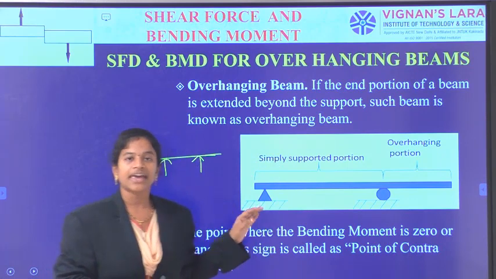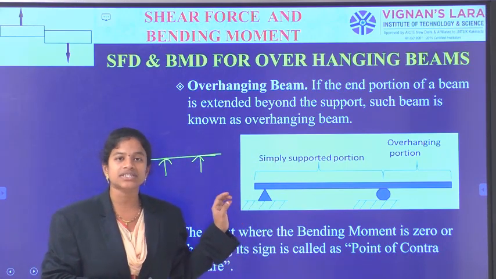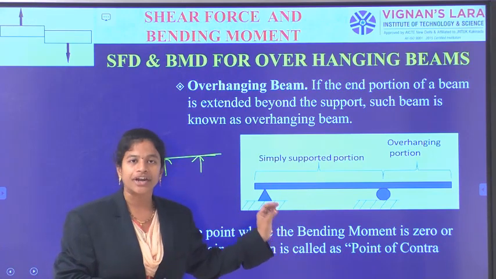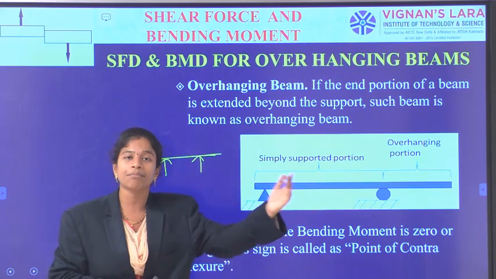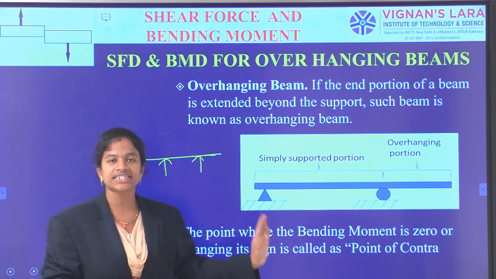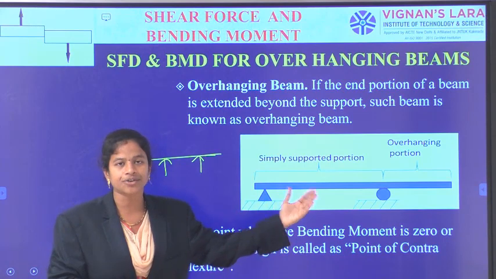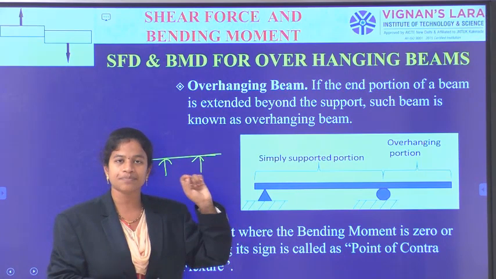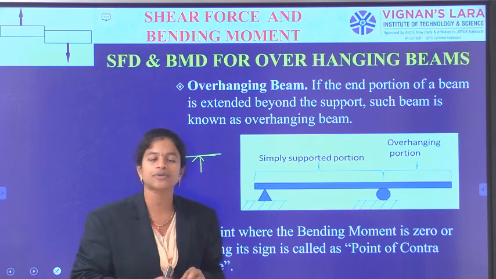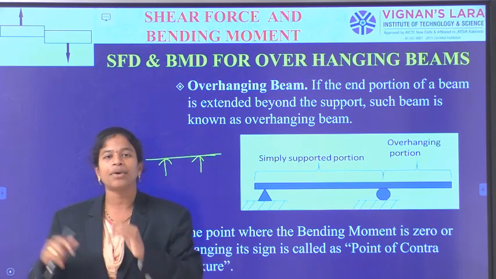And we mentioned that where the shear force changes its sign within a span, at that point you can observe the maximum bending moment. So when any span has its shear force changing from positive to negative or negative to positive, the corresponding span may have a point with zero shear force. That zero shear force point will cause the maximum bending moment.